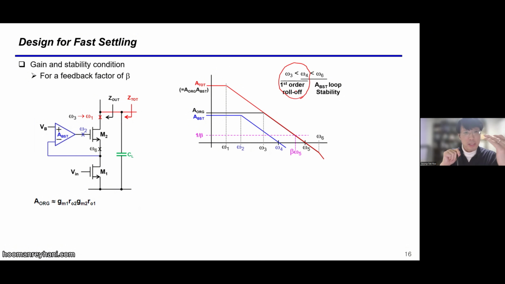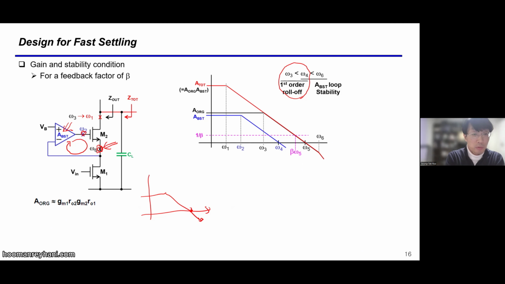And another one is stability, right? In order for this loop to be stable, this amplifier's unity gain frequency should be earlier than the non-dominant pole frequency. Right? The non-dominant pole frequency should be higher than the unity gain frequency for stability. So the non-dominant pole of this loop is this node.